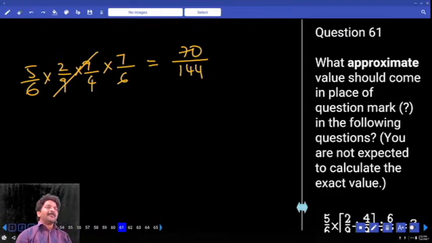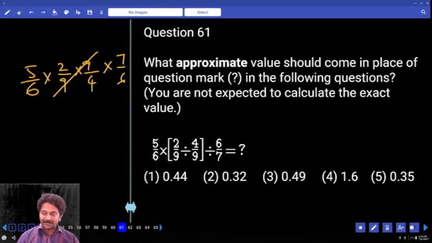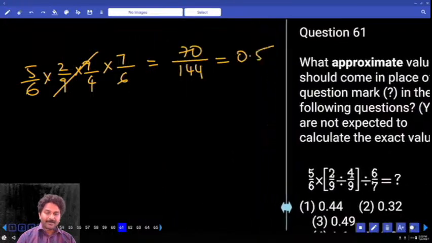Approximately, if you take your denominator as 140, 70 by 140, answer must be close to 1 by 2, that is 0.5 or 50. Which option is close to that? Third option, 0.49. Following?